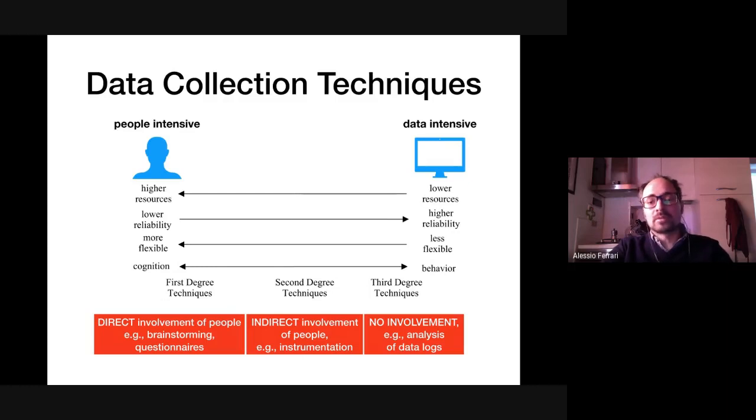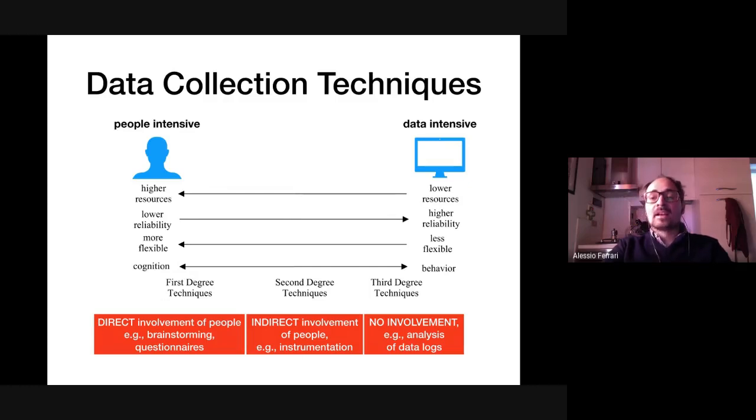You need people. Okay. For second degree techniques, you need people, but a little bit less, because you have an indirect intervention. And for data intensive techniques, as I was exemplifying, you need lower resources, because the resource is just the software, but you have a lot of data.